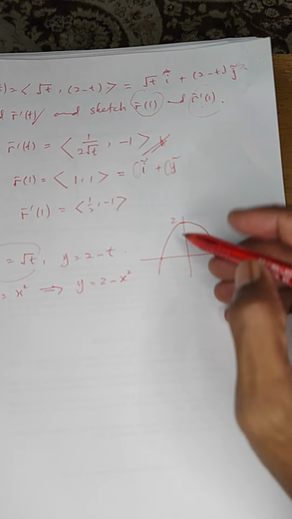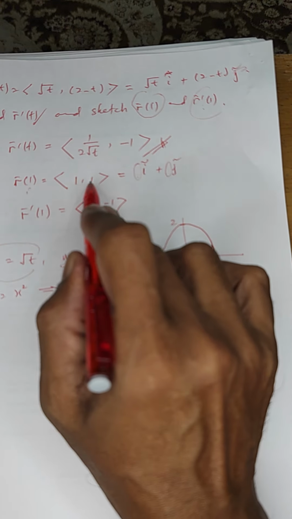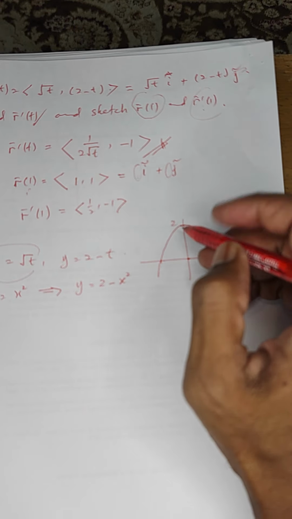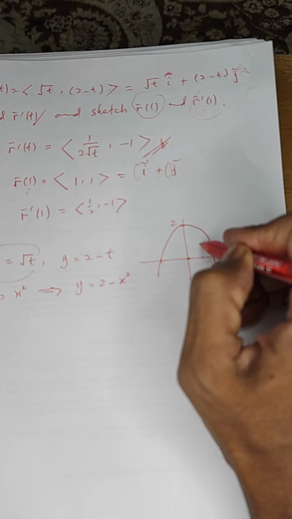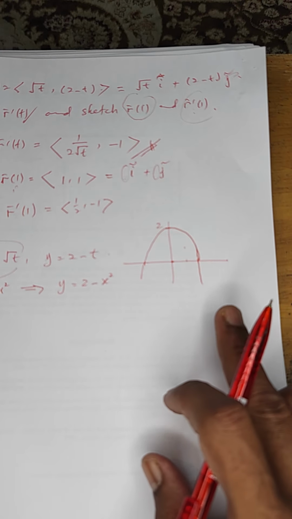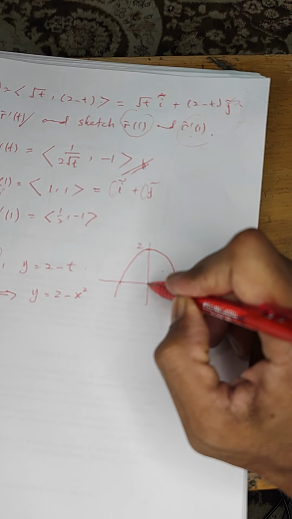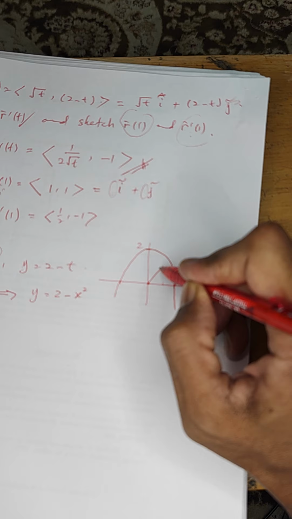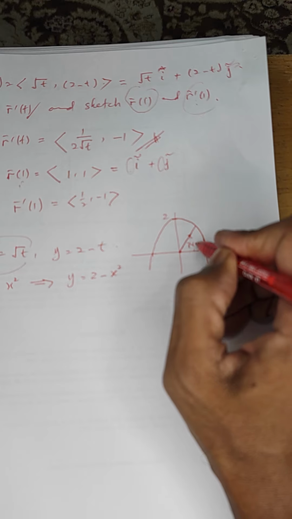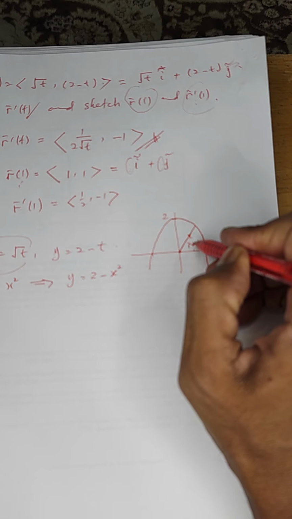So from 0, this is a position vector: move 1 to the right and move 1 to the top. Let's put the point here. That's the vector r(1).